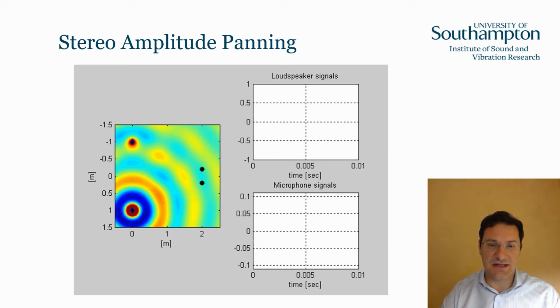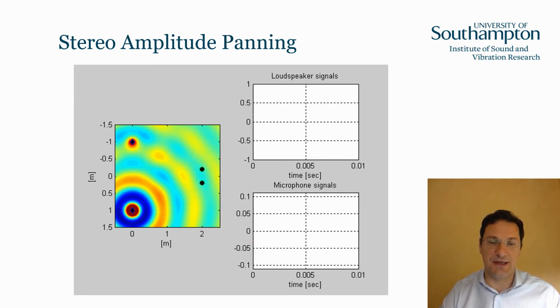I'm going to use these settings in various slides in this workshop. On the left-hand side, you can see a single frequency sound field. Here and here are two sound sources, and here and here we have two microphones in free field that represent the ears of a listener.